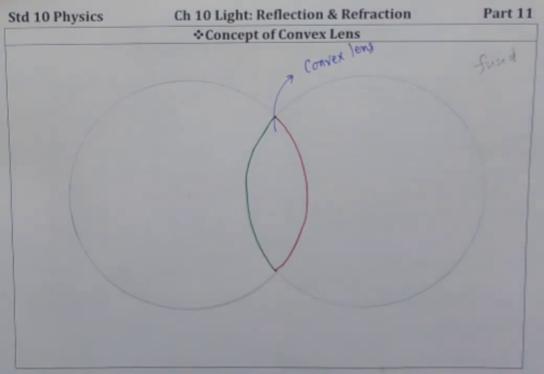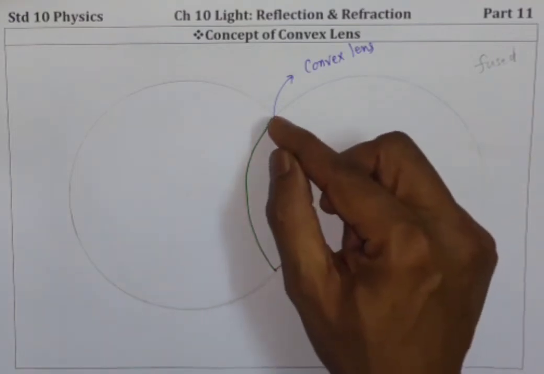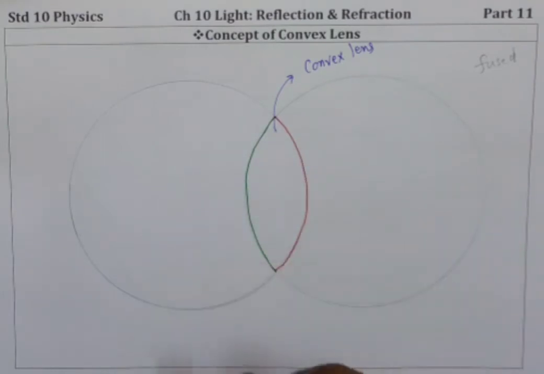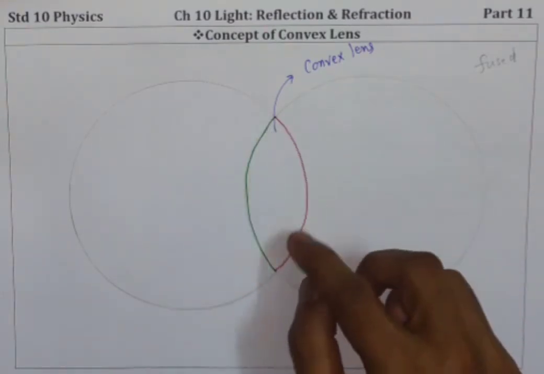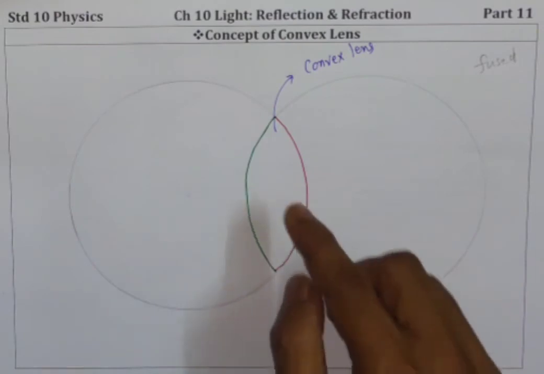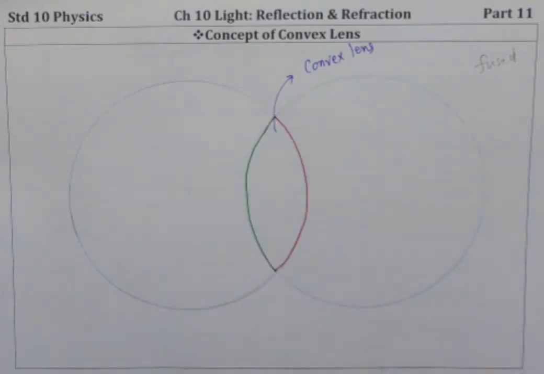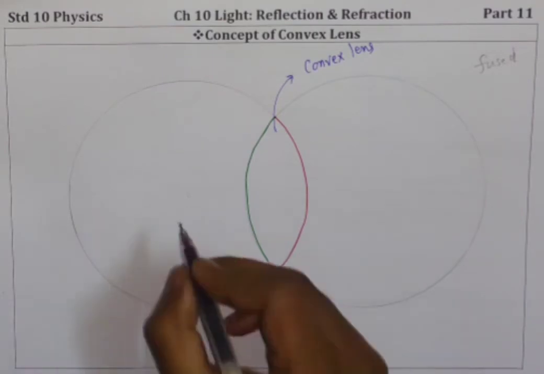All right, this convex lens is a solid object made up of transparent glass. It has a spherical surface green and a spherical surface red. This red spherical surface is of this sphere, and this green spherical surface is of the other sphere. Both the spheres have their own center.